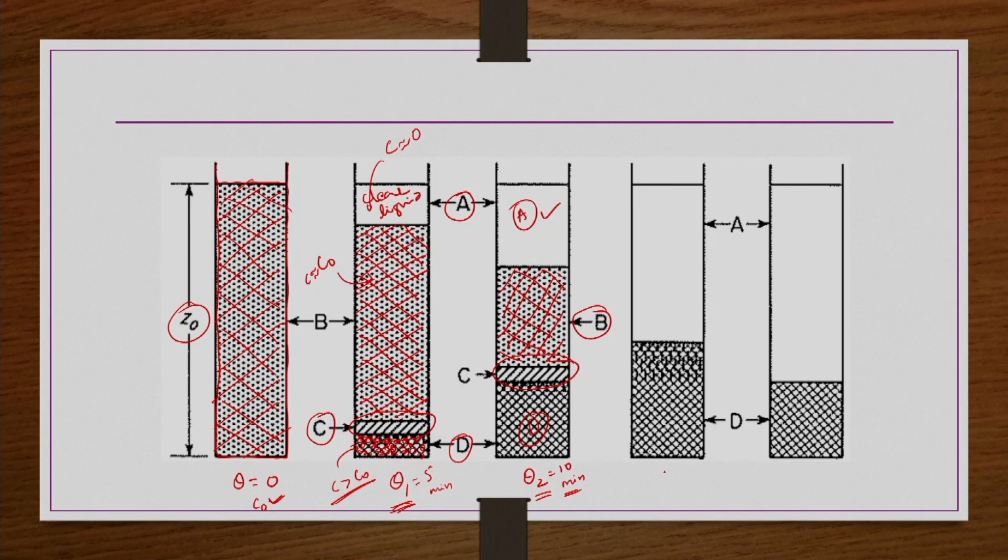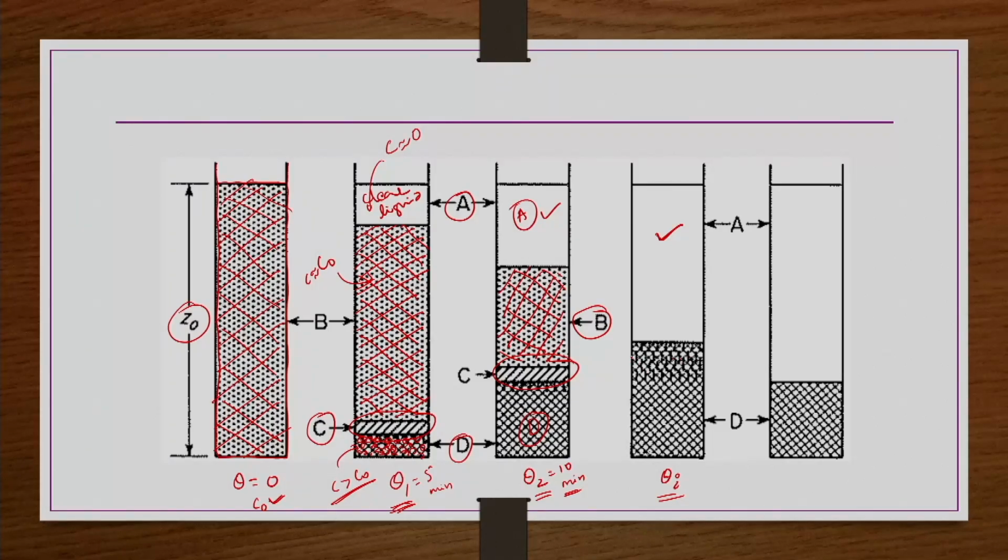If you allow settling for some other time theta i, maybe 30 or 40 minutes, you can see clear A zone and clear D zone, with heights sufficiently larger compared to the previous theta 1 and theta 2, and it becomes very difficult to distinguish the C zone.